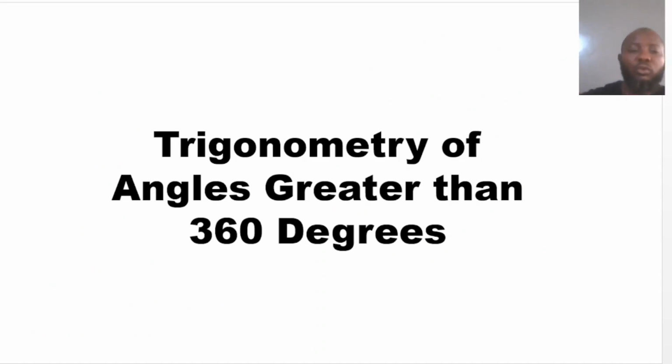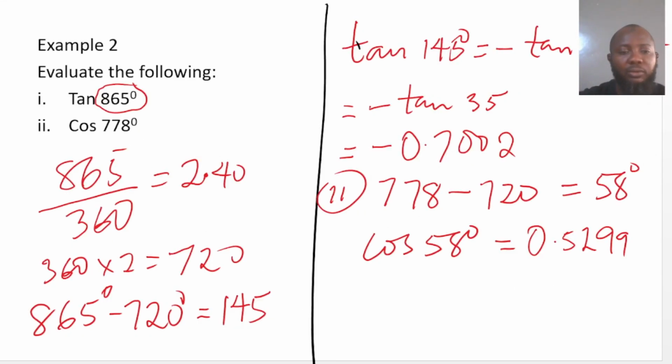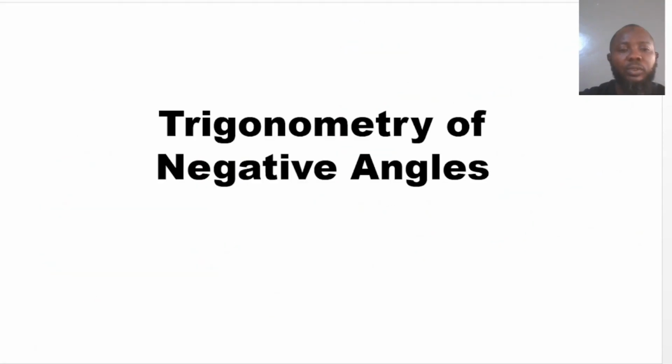So the next thing we want to look at is negative angles. Trigonometric ratios of negative angles is the next thing we want to look at in this class.